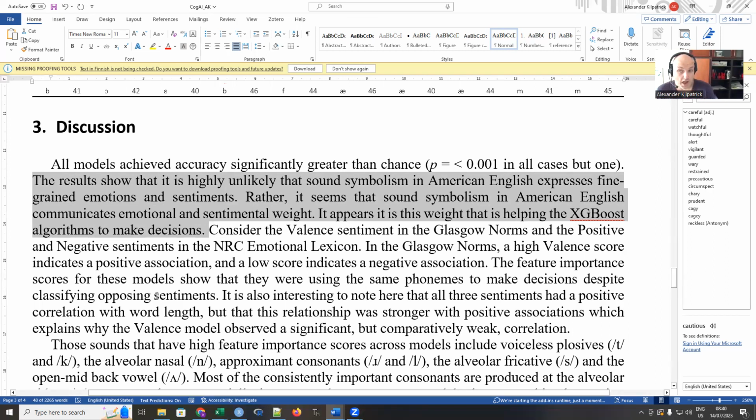But these models are accurate, right? So what's happening? Well, it seems like the same sounds are reflective of different emotions, even when those emotions are opposed to each other.